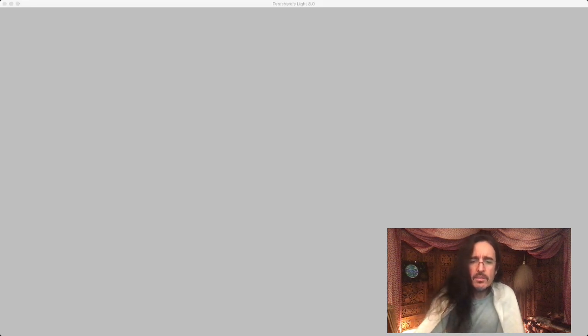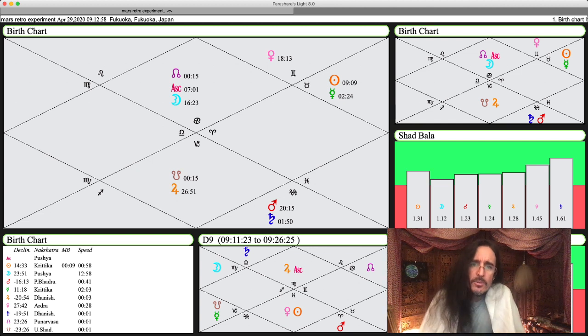We'll get a new one, called the Mars Retrogression Experiment. All right, so what you want to do is just swing this thing around until you find a Mars-Sun conjunction. So starting from today, we'll go back in time.